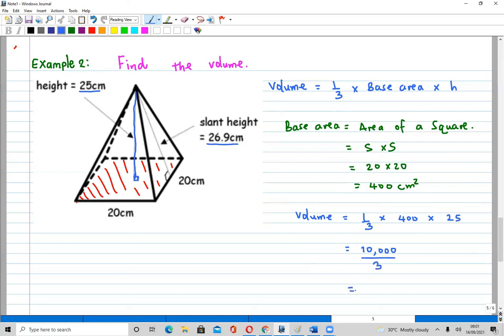So this will give us something like 3,333.3 centimeters cubed. Okay, I hope you have understood that very, very clearly.